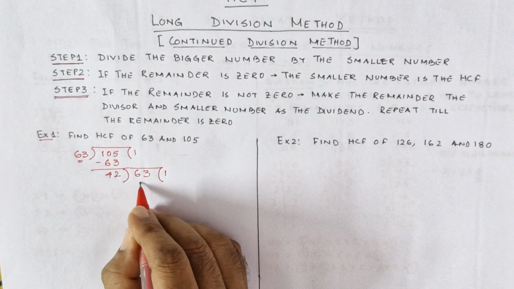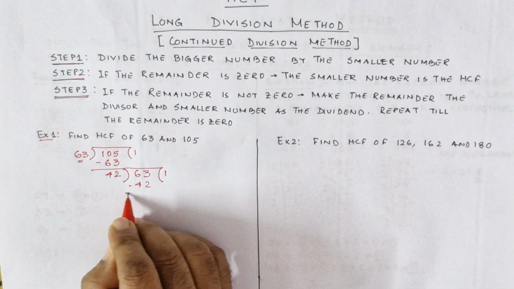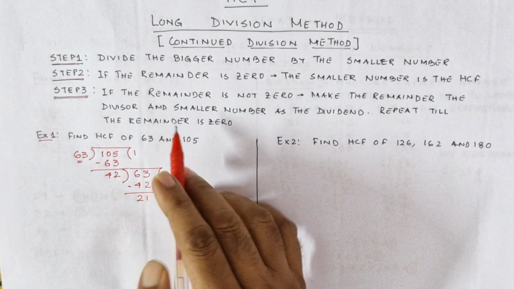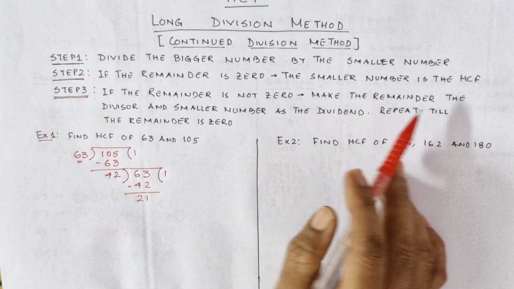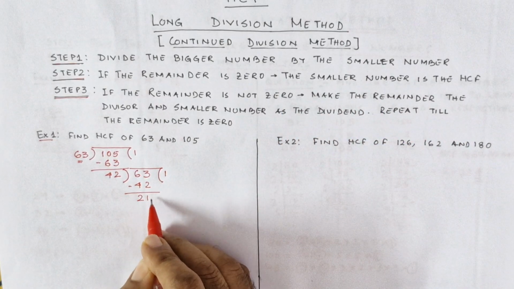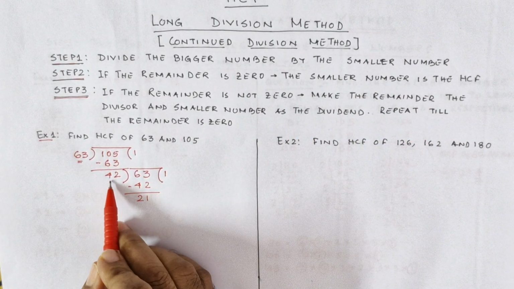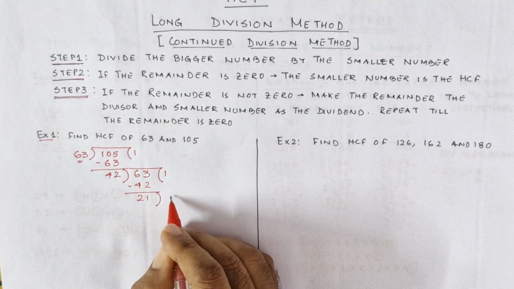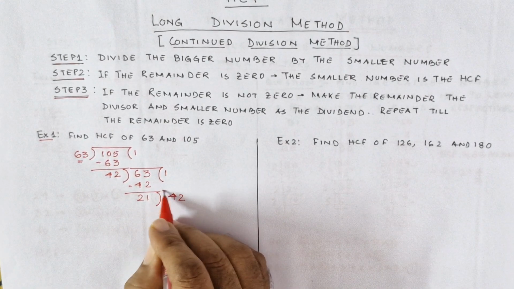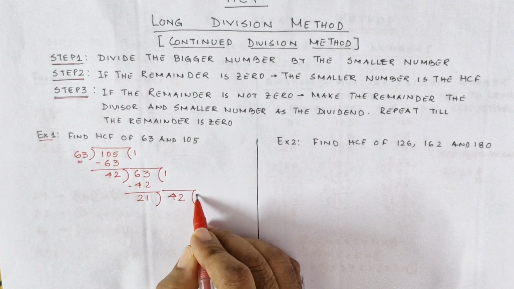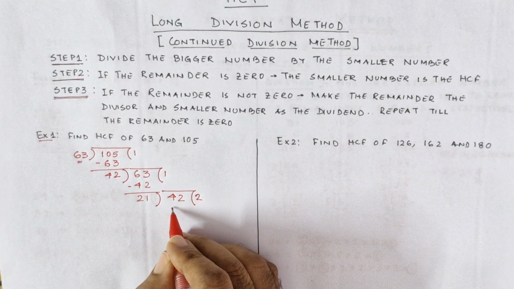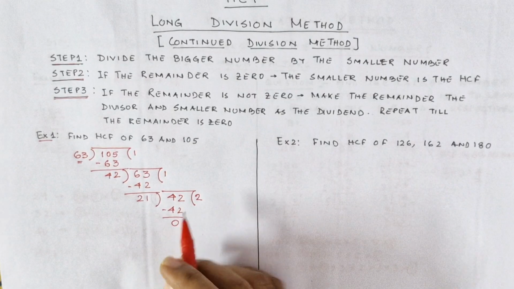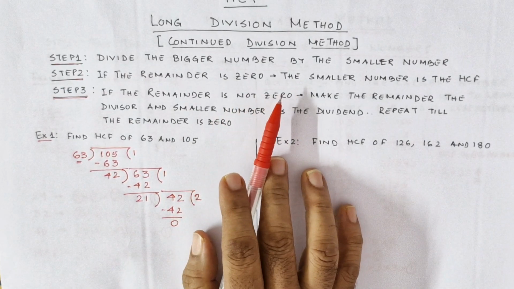Got it, students? So let's divide it. 42 ones are 42, subtract, and you get 21. Again the remainder is not 0, so make the remainder the divisor and the smaller number the dividend. Now 21 multiplied by 2 is 42, so the remainder is 0.